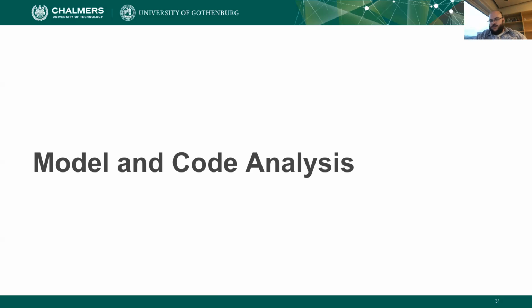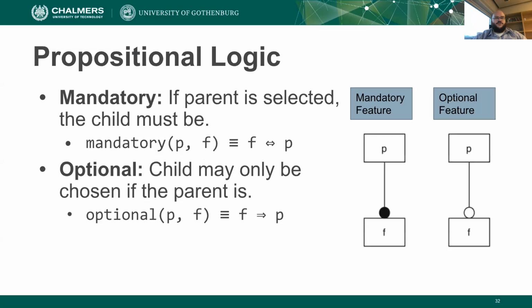How we can make sure that the code itself links back to our feature model and adequately fulfills it, and that within our code we don't have features that are never used or never enabled that can be enabled.